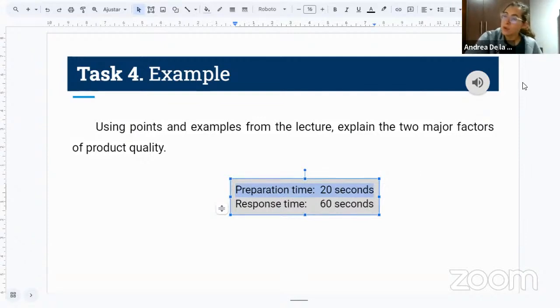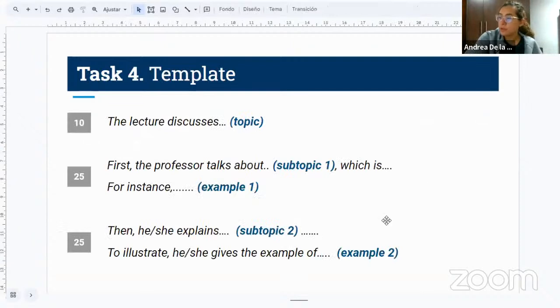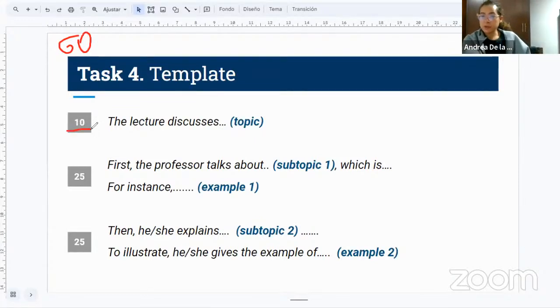So let's take a look at the template for this question. This is it. Pretty simple and pretty straightforward as well. Remember that we have a total of 60 seconds to do this. So during the first 10 seconds, the first 1/5 of the response, you will have a brief introduction. What do you do in the introduction?